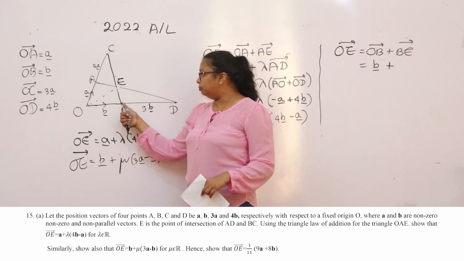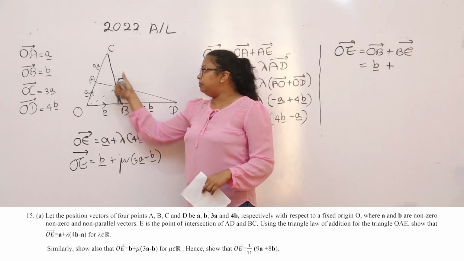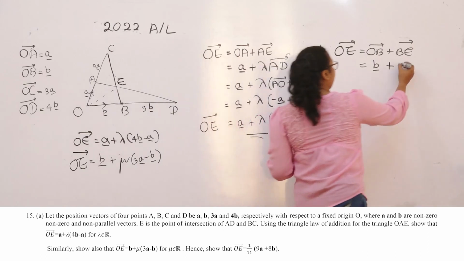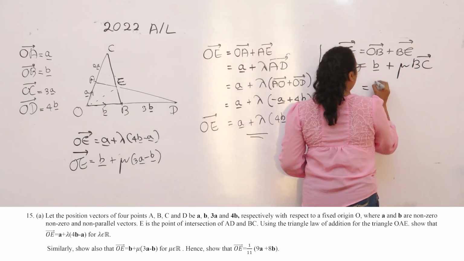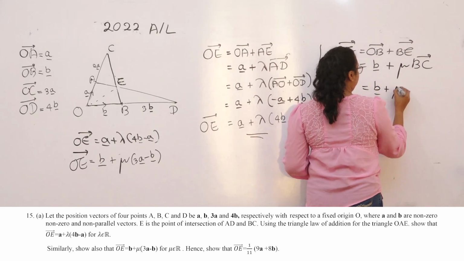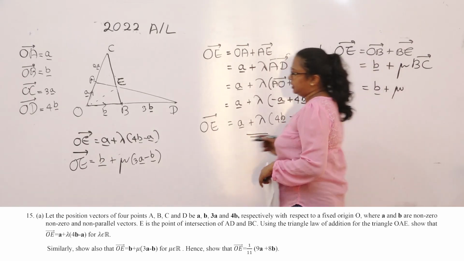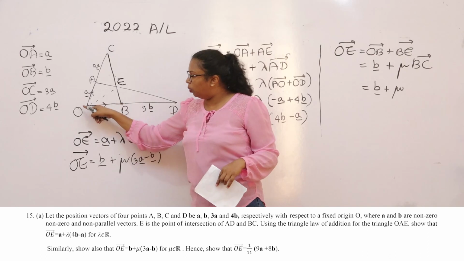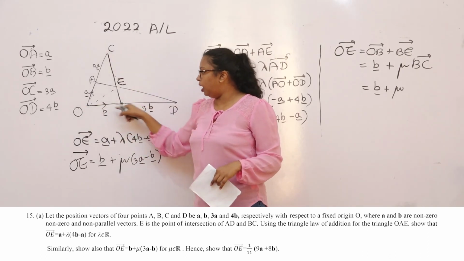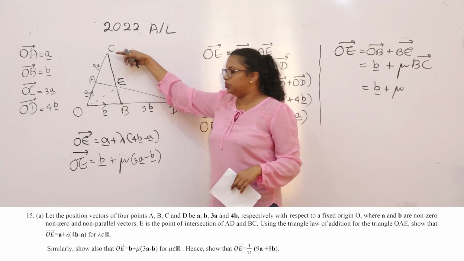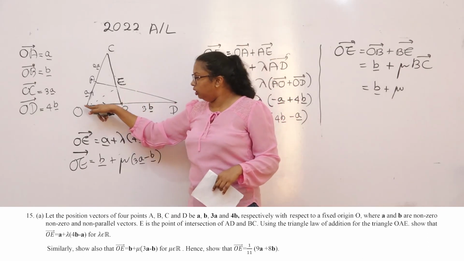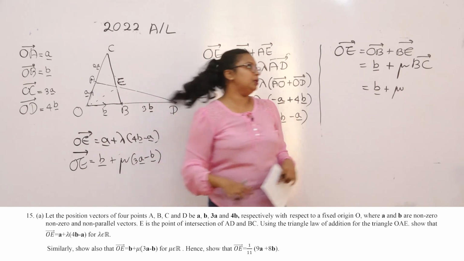So we can write BE as mu BC. B plus mu BC. What is BC? The path to move from B to C using vector addition, that is BO plus OC, right? BO plus OC.